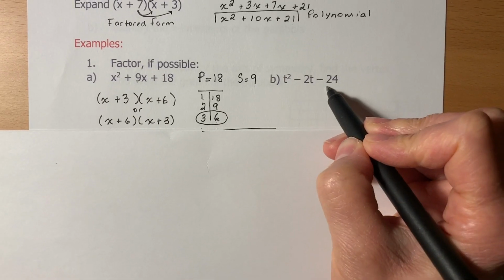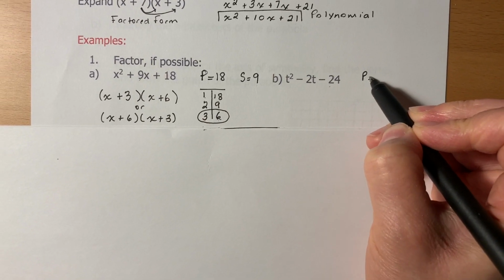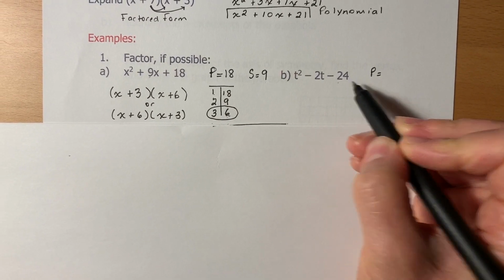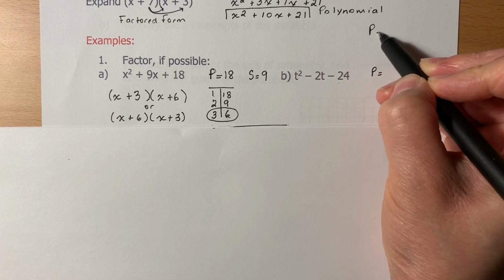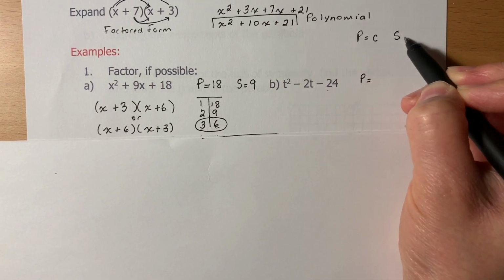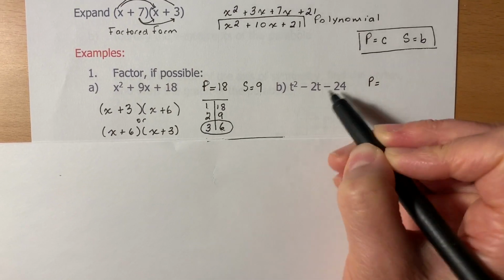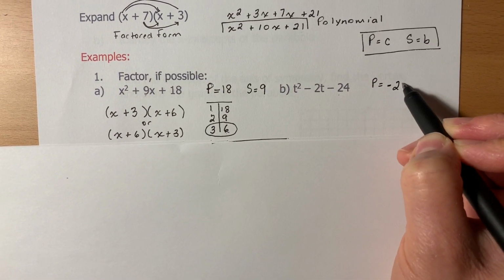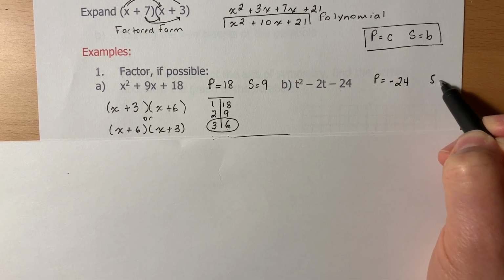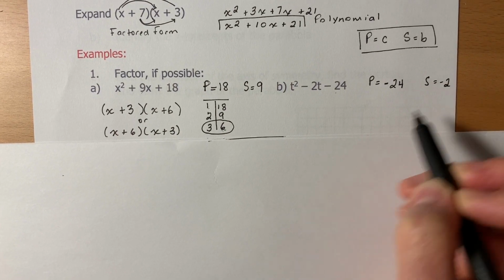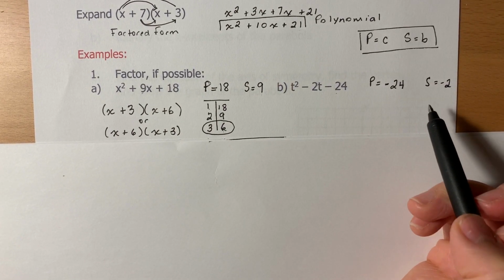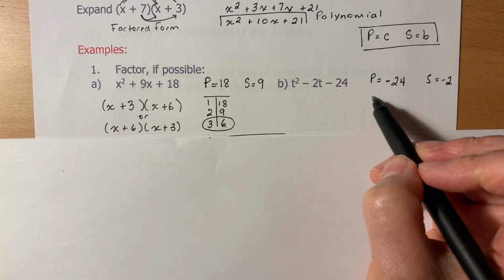Same idea. Two numbers that multiply to, product is always the c value, so we're looking for a product of our c value, a sum of our b value. Okay, so a product of negative 24 and a sum of negative 2. So take the sign with it. Whenever we introduce negatives, sometimes people have a little bit more difficulty with it.